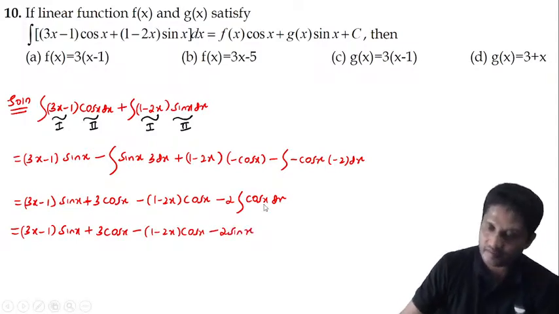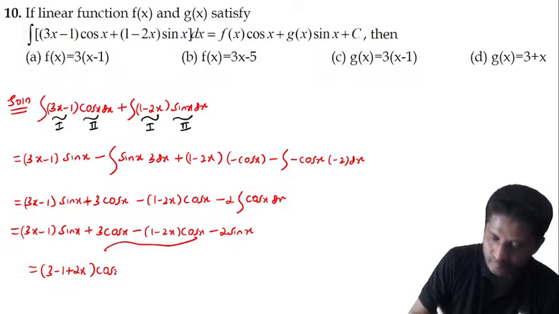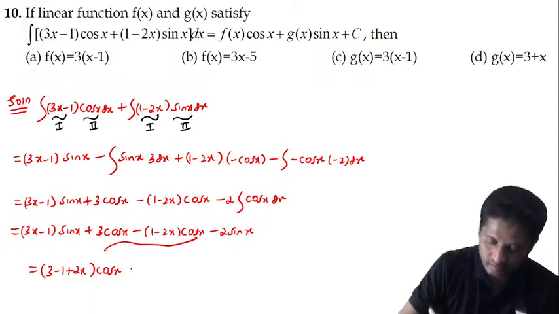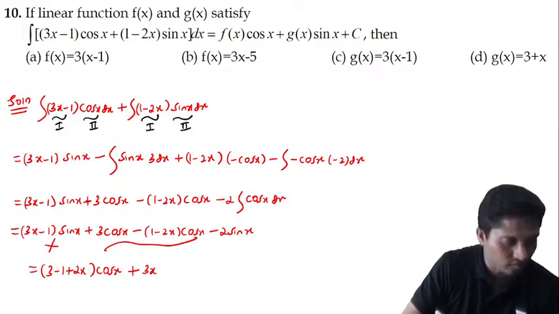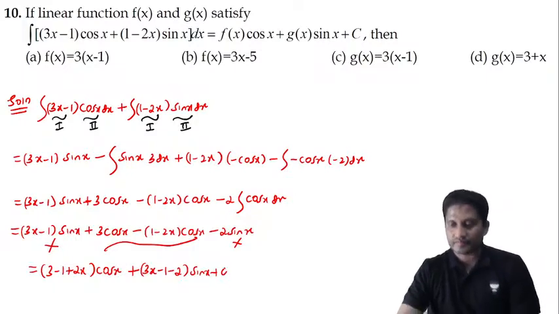Now if I take common between these two, you take cos x common. Left out is 3 minus 1 plus 2x into cos x. And then if I take sine common between these two terms, it is 3x, 3 minus 1 minus 2, into sine, and then plus c.